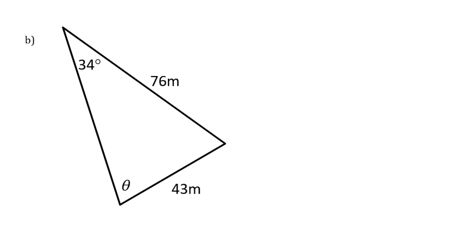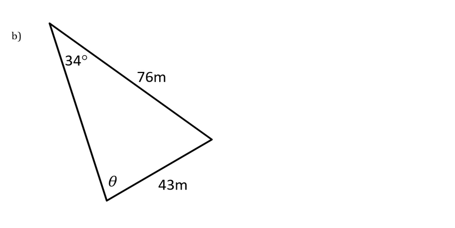Next one. Sine law or cosine law, and why? Think about it. Mark? You have this pair of things that are across from each other, so you use sine law.